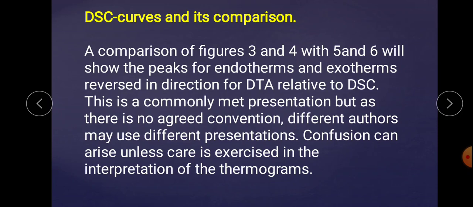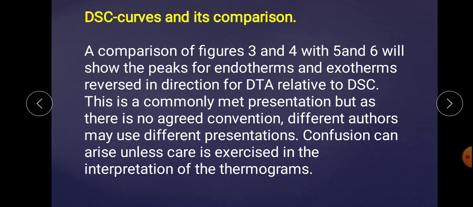A comparison of figures 3 and 4 with 5 and 6 will show that the endotherms and exotherms are reversed in direction for DTA relative to the DSC. This is the commonly made presentation, but as there is no agreed convention, different authors may use different presentations.